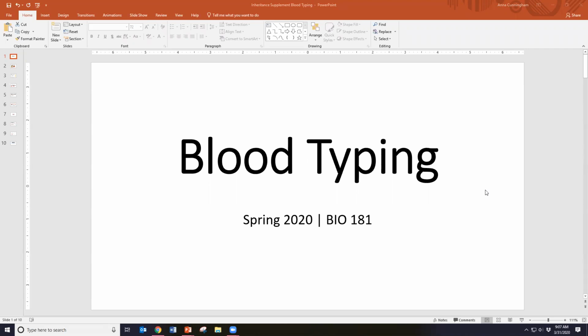Plus, it's just a really important thing to know about in general, especially right now when we are in need of blood donations. So let's talk about it. First off, I always like to talk about why blood is important, even though we haven't quite got there. That's what we're going to be covering in Unit 3 after we finish up our talk about genetics.